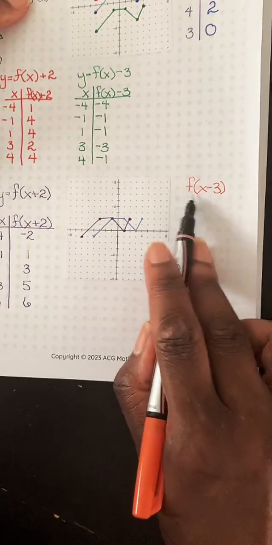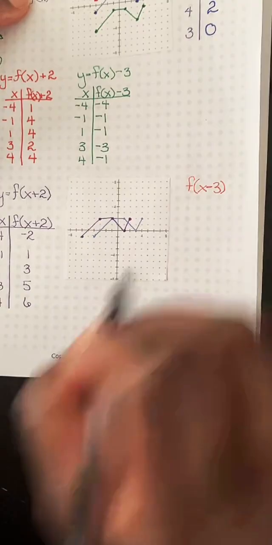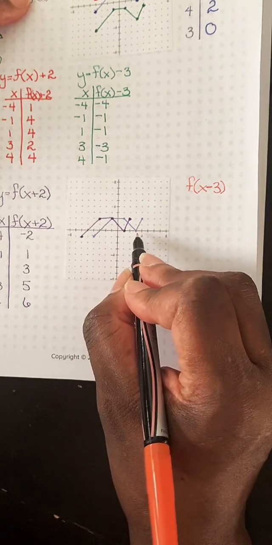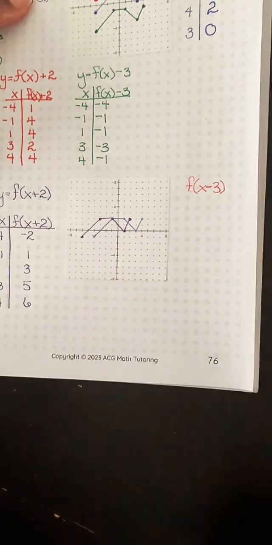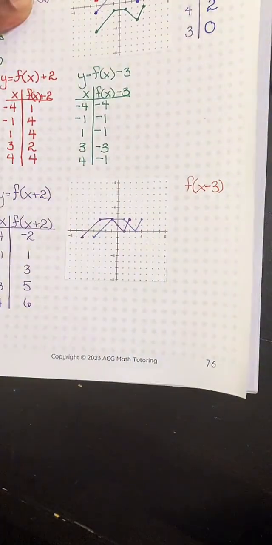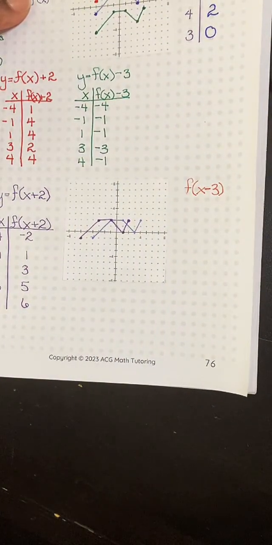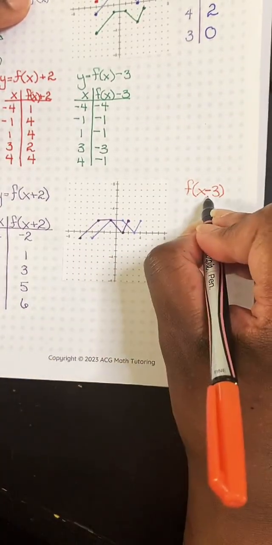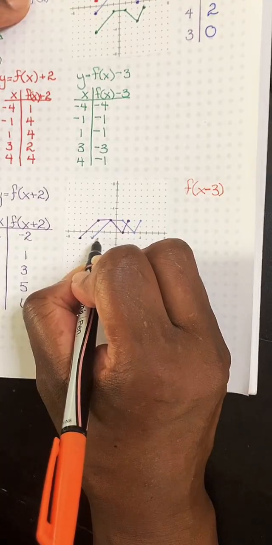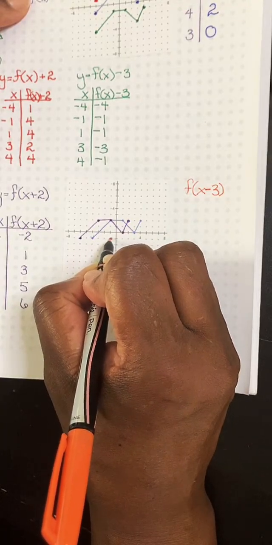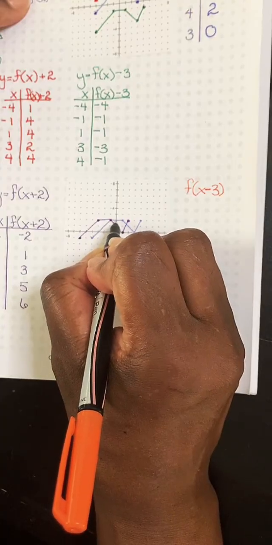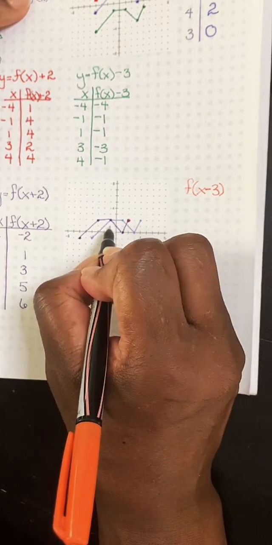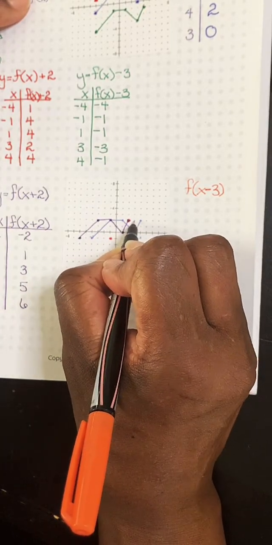I'm going back to the parent function, which is my blue one, the one that's a little bit lighter. Since it's minus 3, I'm going to go to the right 3. 1, 2, 3, make a point. Here's my other one. 1, 2, 3. So it happens to be there, same as the one that's across from it.